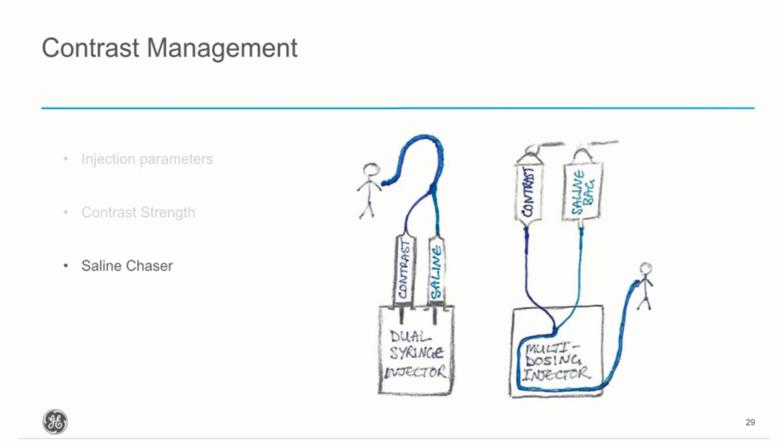Using these injectors means you can draw the contrast and saline from the reservoir and inject it in the same tube. This system can be more economical than loading up a dual syringe injector. But either way, most modern CT injectors will have the ability to deliver a saline flush chase after the contrast bolus.